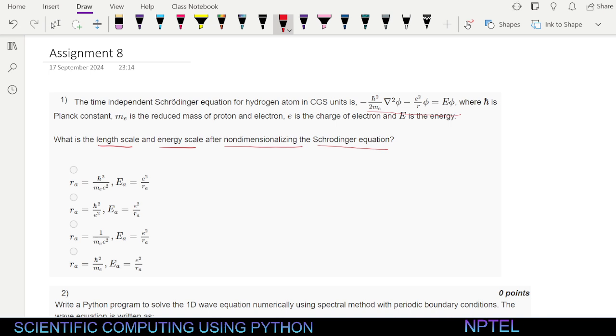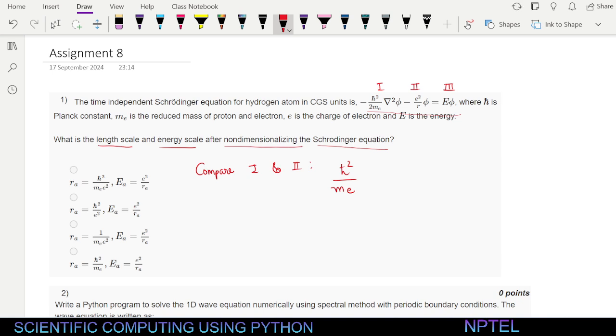What's the idea? The idea is to compare the terms. So compare the terms. Let's call these 1, 2, and 3. Let's compare 1 and 2. So you have h square by m e, and we are just looking at the units.